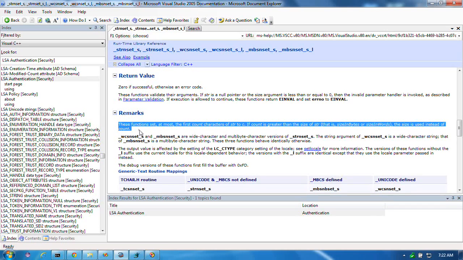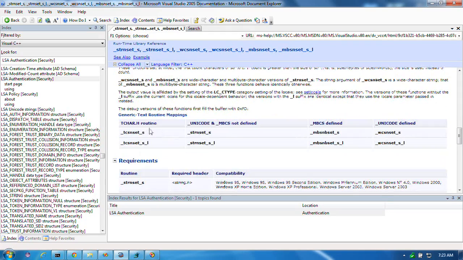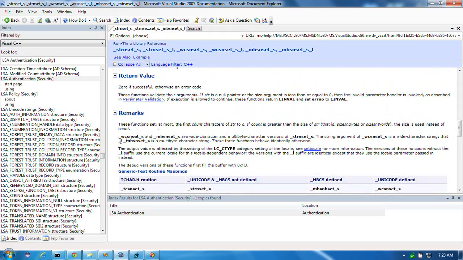This says that the function's behavior is undefined. I mean, it's explicitly saying it's unpredictable, it could do anything, but you can be absolutely certain that it won't write any more than that many characters to the string. So it's a completely and totally worthless function.